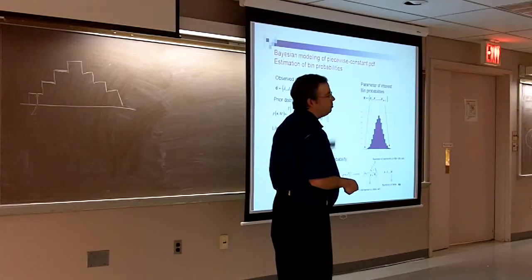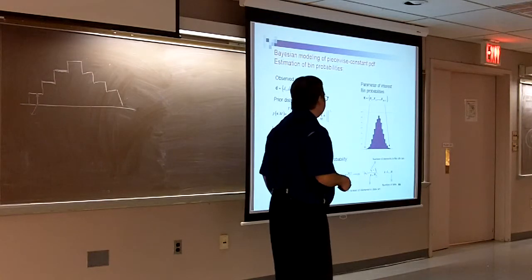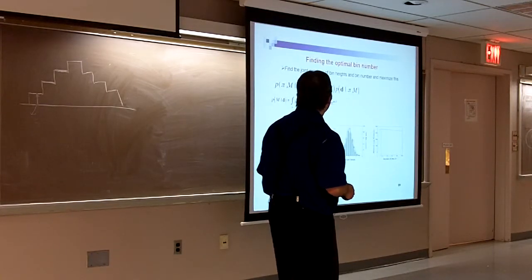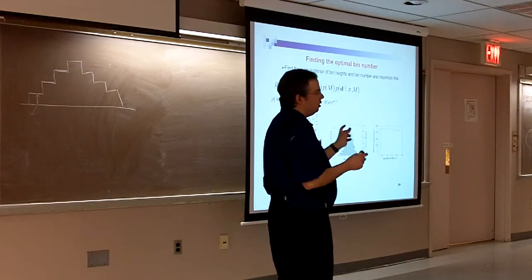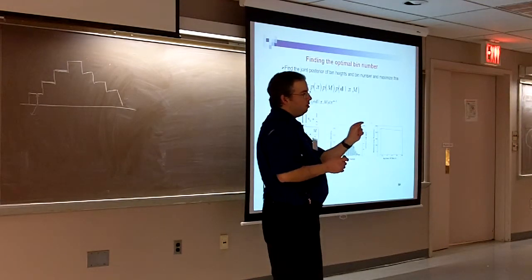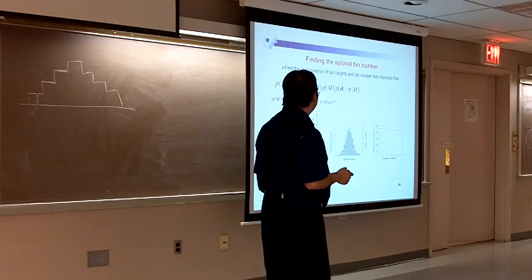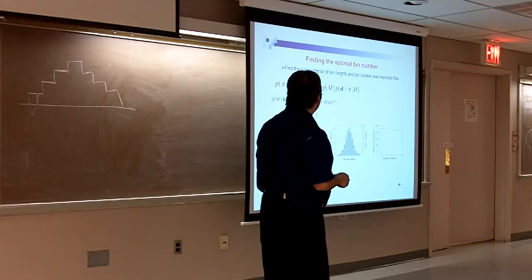Because it has some problems, which I'm going to show later. So how can we find the optimal number of bins? We also find the number of bins by doing some calculations.